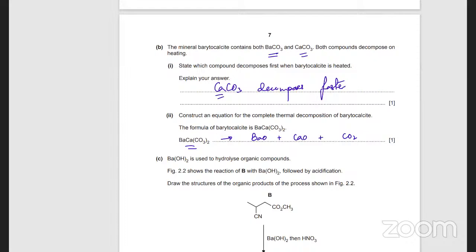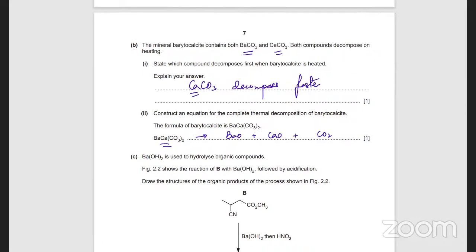Can you see the screen now? It shows thermal stability increases down the group. No, why did I move away from that? I'm on the question now. Okay, I can see the question now. You can see my pointer now. Yes.